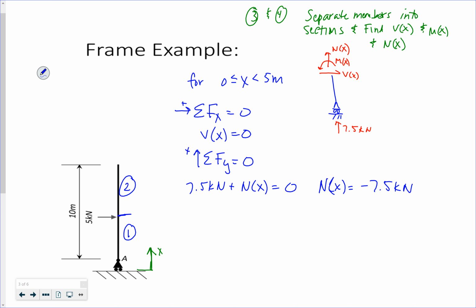And then if I do the sum of my moments at that section right there, I don't have any moments because that 7.5 kilonewtons is acting in line and there's no moment arm. So for the first section of my column, there's no moment, there's no shear, there's only a constant axial load.